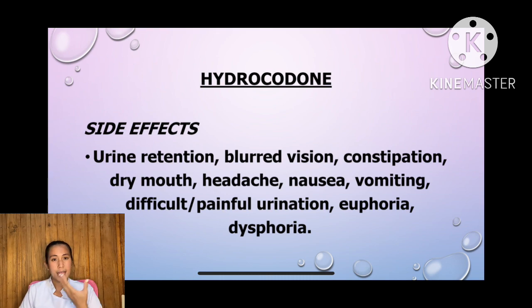So if you take, again, not the prescribed amount, like, for example, as I mentioned earlier, not the desired amount of milligrams or ml, then this may cause blurred vision, constipation, dry mouth, headache, nausea or vomiting, difficult or painful urination, euphoria and dysphoria.